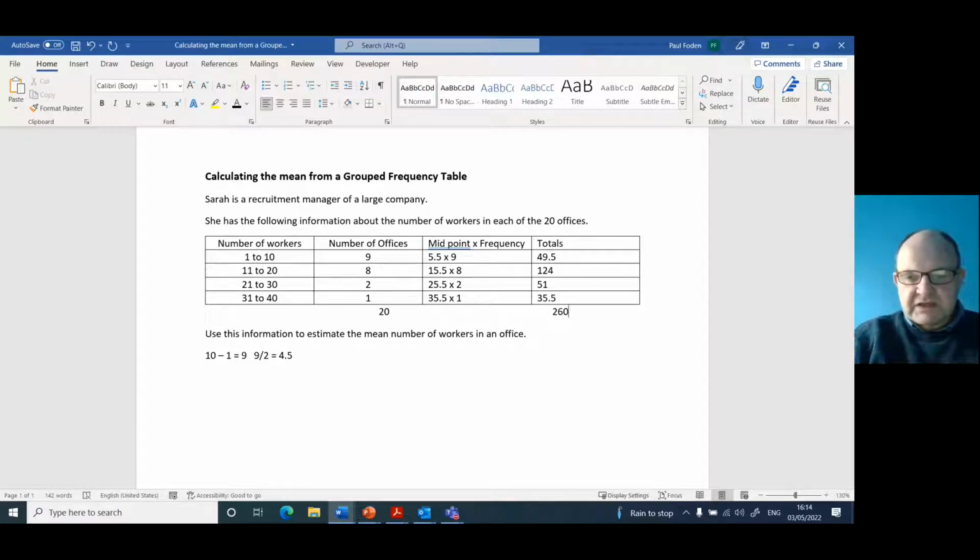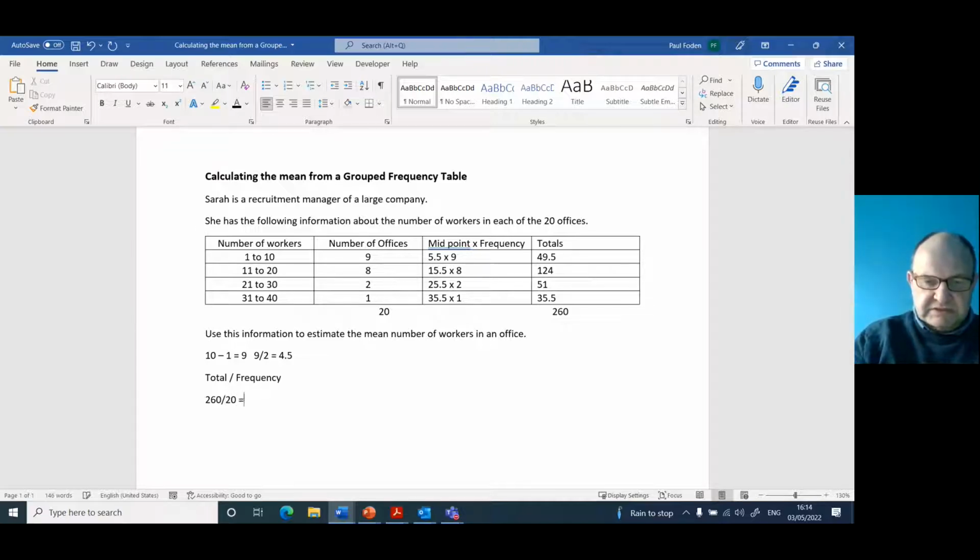That comes to 260. So now we want to estimate the mean. If we're estimating the mean, we take our total and divide it by our frequency. Our total in this case is 260, and we're dividing that by our number of offices, which is 20.